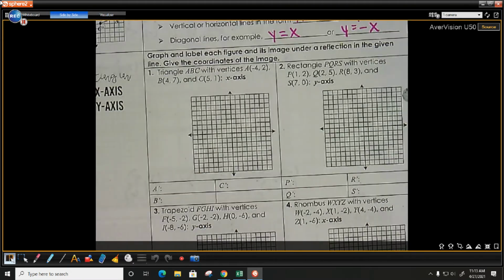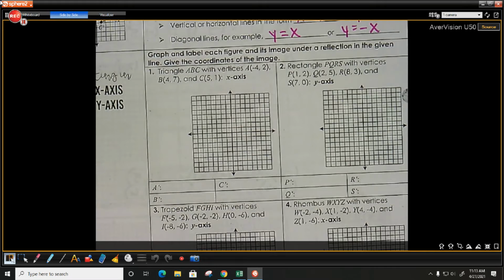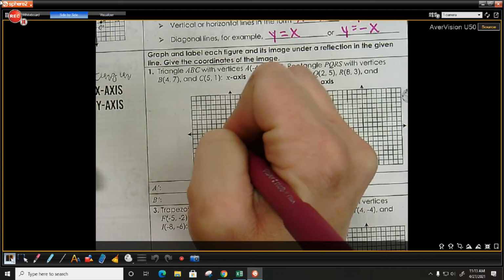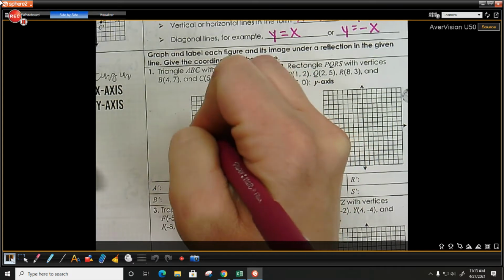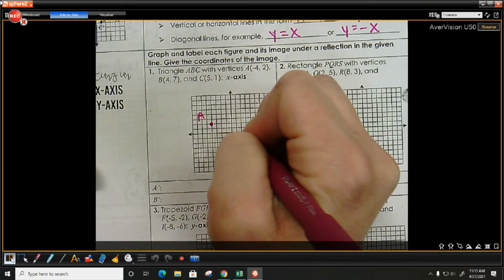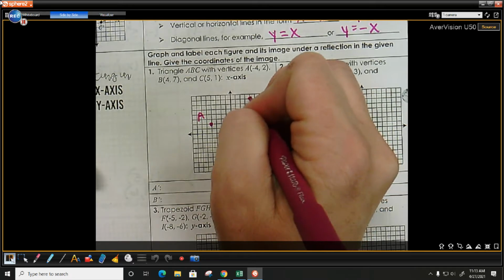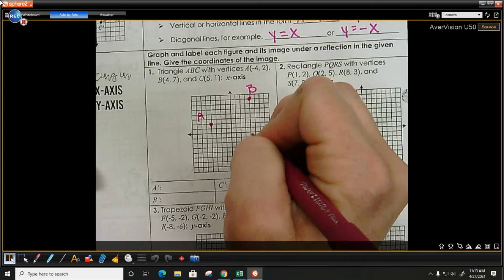Okay, so let's start with plotting our points. -4, 2, 4, 7, and 5, 1.